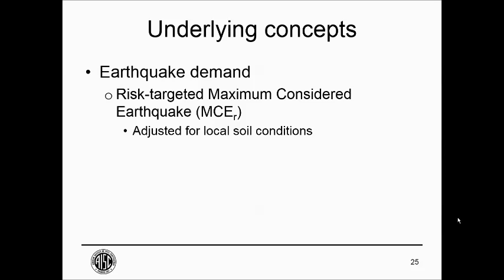So there are factors that tend to be larger for softer soil to adjust for the soil conditions. We also multiply the spectrum by a factor of 2/3, and then we divide by this R factor and multiply by I sub E, the importance factor, or we divide by the ratio of R to I sub E.